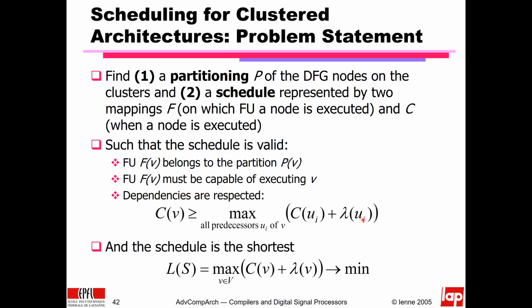And so, as usual, we want the schedule that is the shortest, but now I have two phases, two things that I need to do: partitioning, deciding which operations are executed on cluster 1 and which operations are executed on cluster 2.